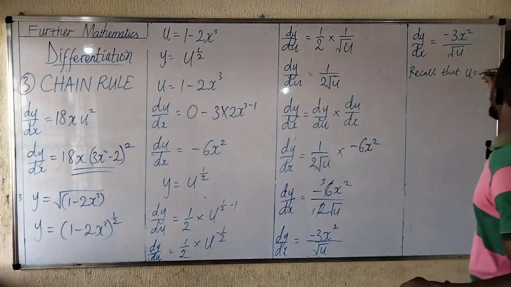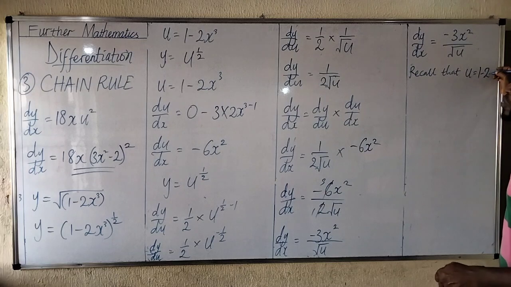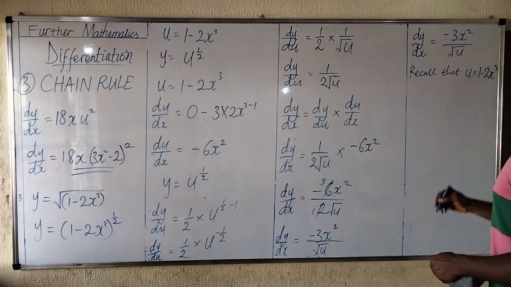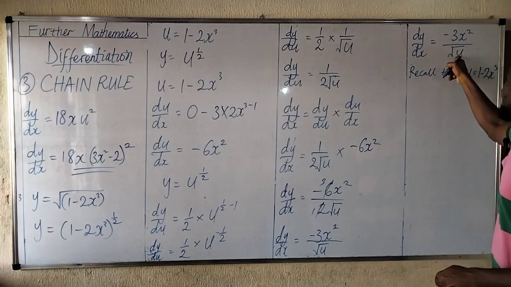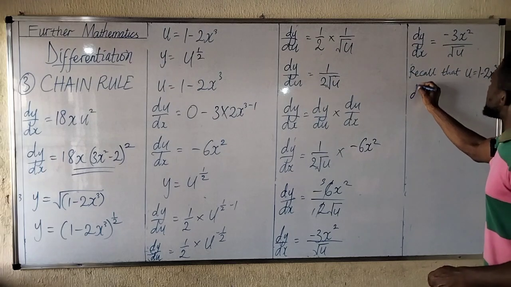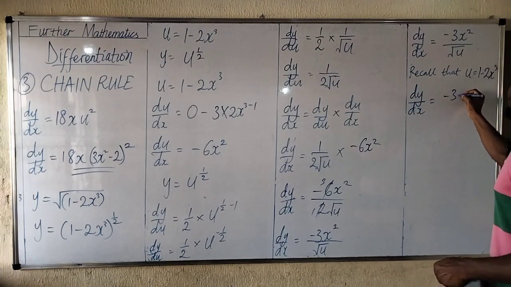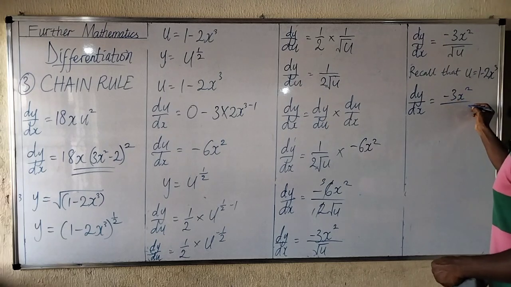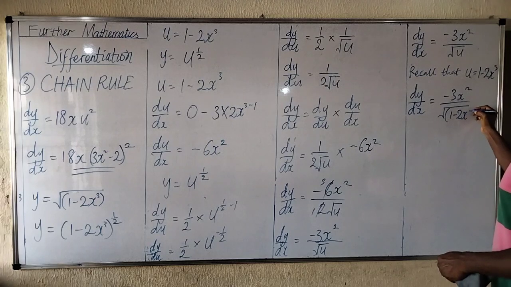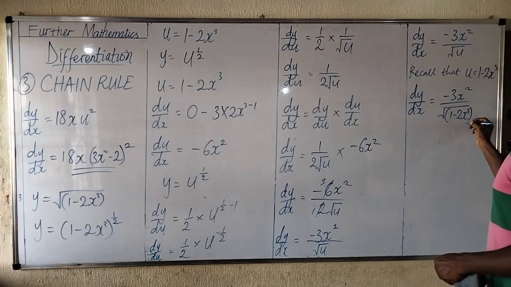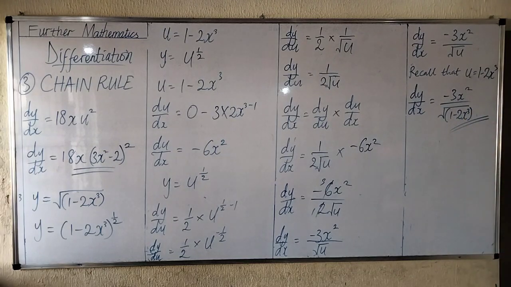Our u is 1 minus 2x raised to the power 3. So we are going to substitute it here, and we are going to have dy over dx equal to negative 3x squared all over root bracket of 1 minus 2x raised to the power 3 bracket closes. This becomes our final answer after differentiation.